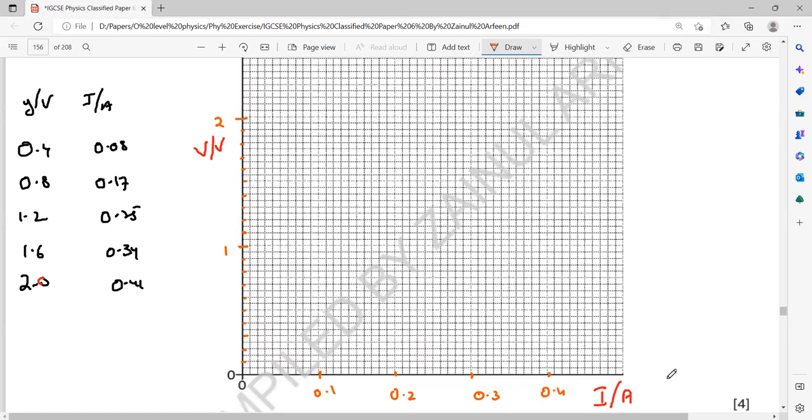So on the x-axis, I took 10 boxes equals to 0.1.